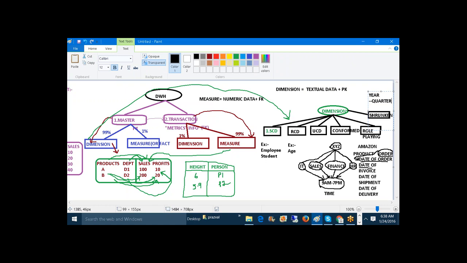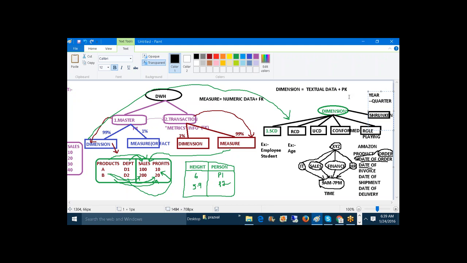So if you take year and quarter, quarter is the subpart of year, so quarter will become the shrunken dimension of the year, month will become the shrunken dimension of quarter, and week will become the shrunken dimension of month. Similarly, if you take country and state, the state will become the shrunken dimension of country. So the subset or the subpart of one dimension is known as the shrunken dimension.